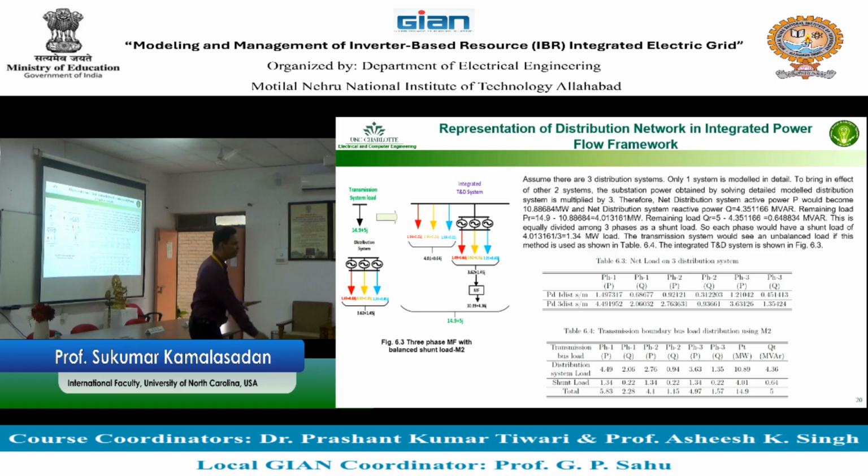But every phase unbalance is going into the transmission network. If you run a transmission network with positive sequence, you will not see any unbalance. If you run a transmission system with positive sequence, negative sequence, and zero, you will see the whole unbalanced system. So you have a choice whether you want to use all the unbalance and run the power flow or not. You can do either one. You have kept the provision.